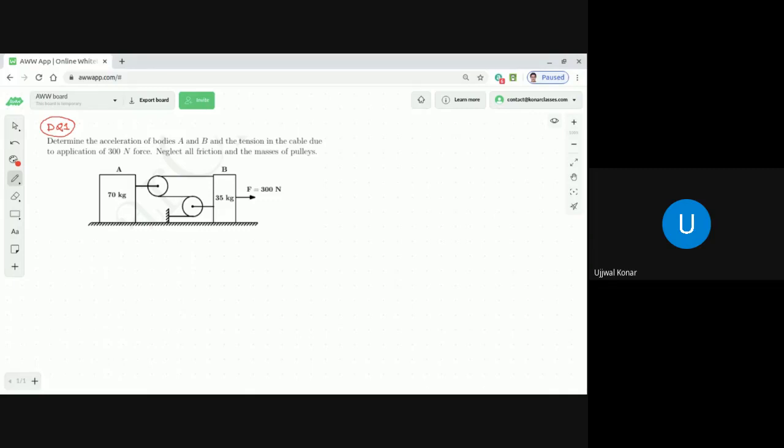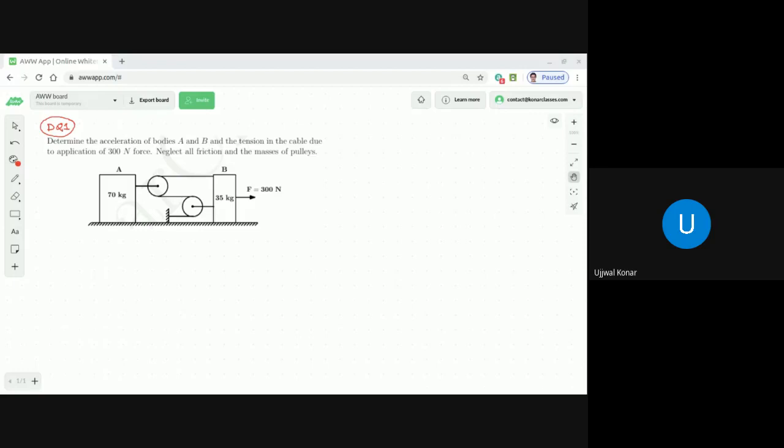According to the question, we need to find the acceleration of the bodies A and B and the tension in the cable due to application of 300 Newton force. Here we need to apply the concept of constraint relation.